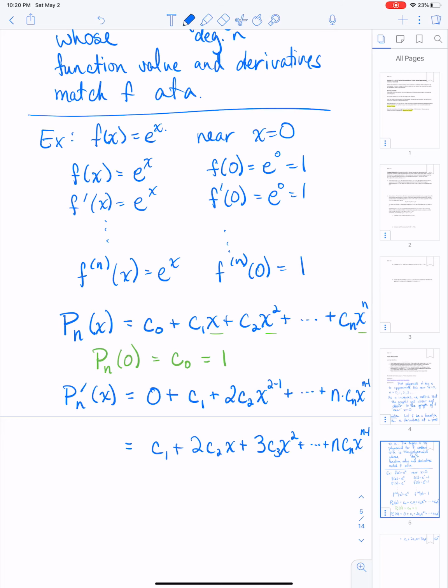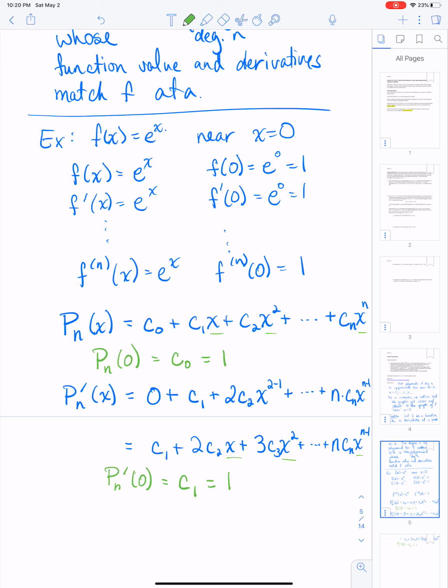Okay, so now we know that Pn prime of 0 has to equal, and now we can plug in here. If we plug in x equals 0, all of the later terms in the polynomial become 0. So we have the derivative at 0 is equal to just C1. And so we find that C1 is equal to 1.